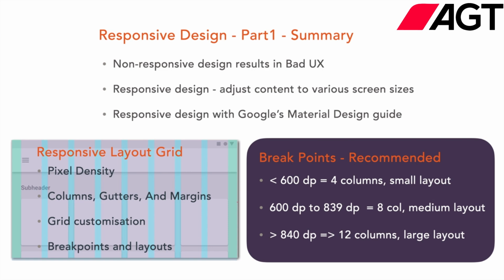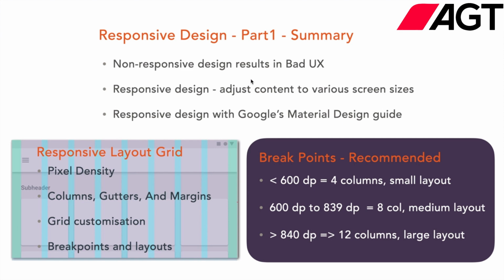So to summarize what we learned in this session, we looked at what kind of problem a non-responsive design will result in, and how to better design using responsive design principles. And we are actually going with Google's material design guide because it is solid and covers many scenarios.